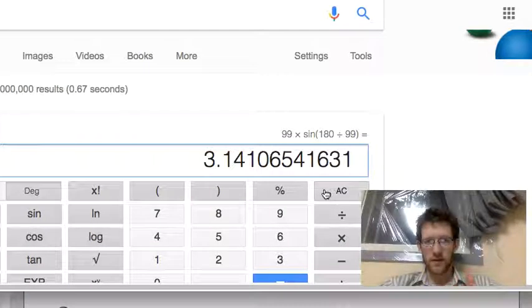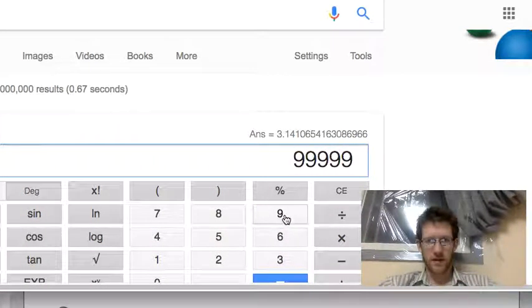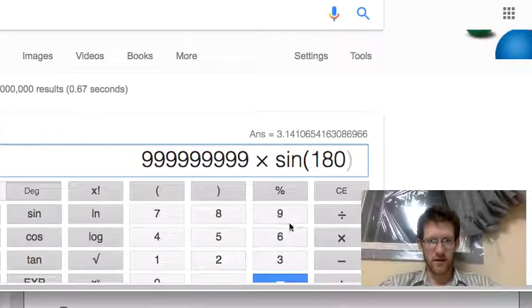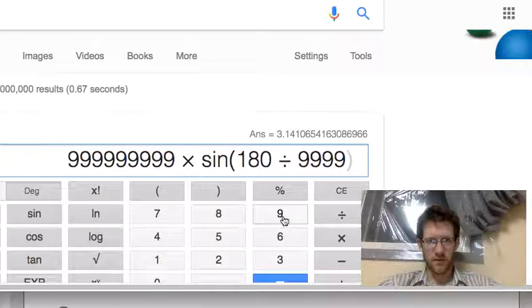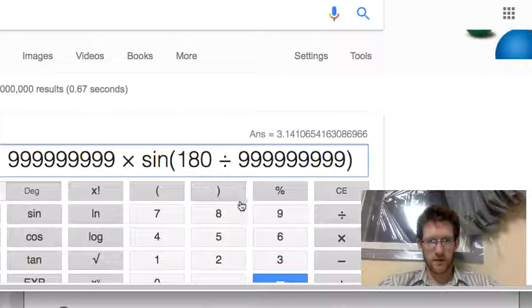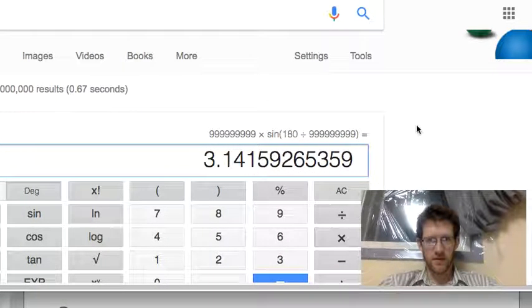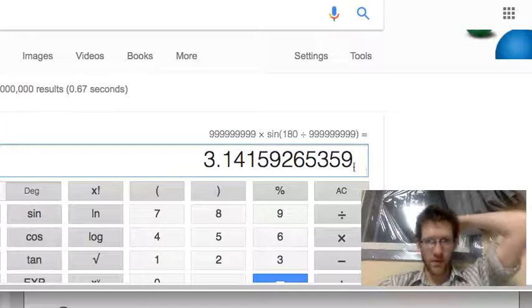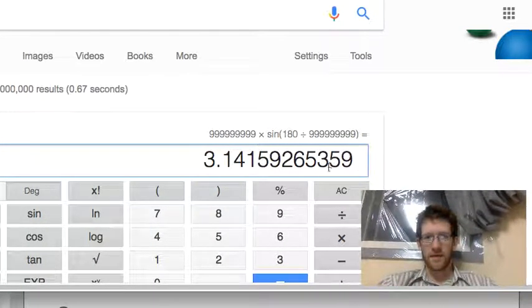If we were to plug in a bigger number, I'm sure you'll get a more accurate answer, right? We can do 9 nines times the sine of 180 divided by 9 nines. Make sure those match. Equals 3.141592653... It goes on. It rounded a little bit, but yeah, that's perfectly accurate.